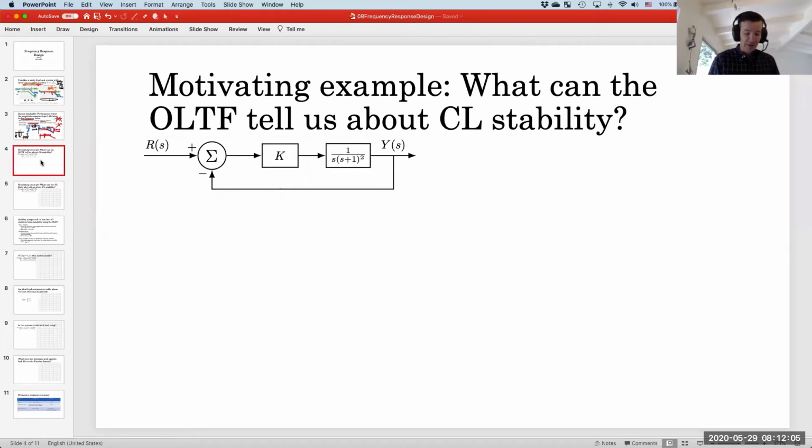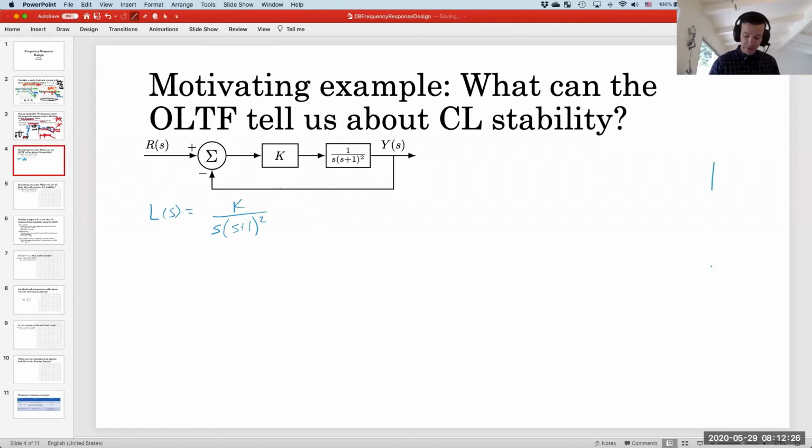I'd like to run through what we know already about determining stability with the open loop transfer function. So here, the loop transfer function is just k over s times (s plus 1) quantity squared.